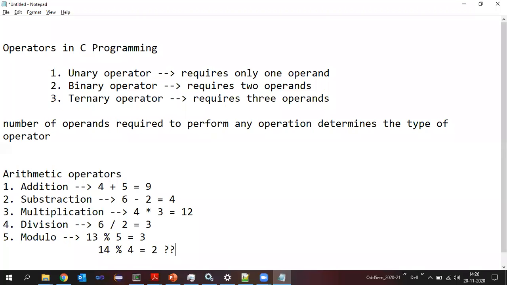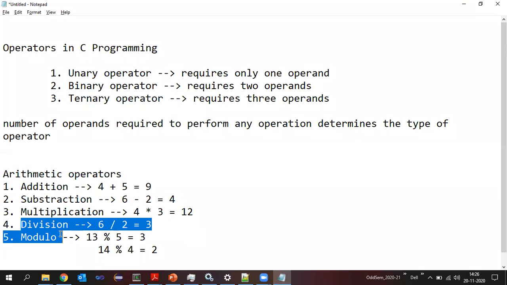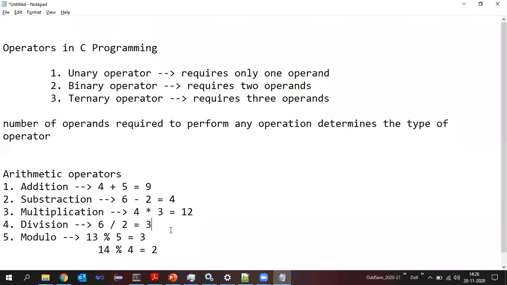I guess because the remainder is 2, that's why we consider 2 as the answer. Yes, that is correct. Modulo means we get a remainder. When you perform the division operation, you notice that division and modulo are both associated with division itself.